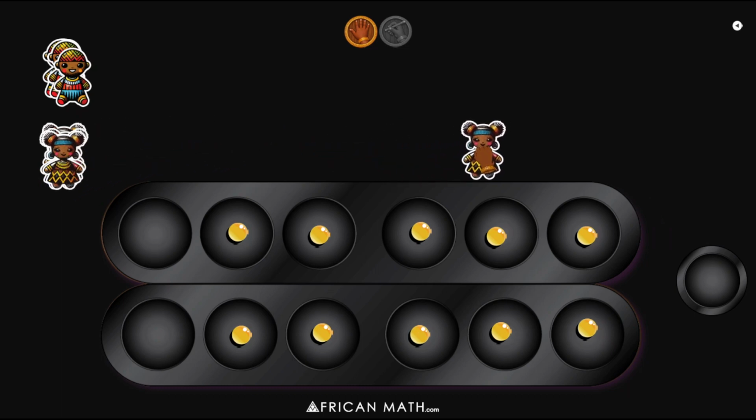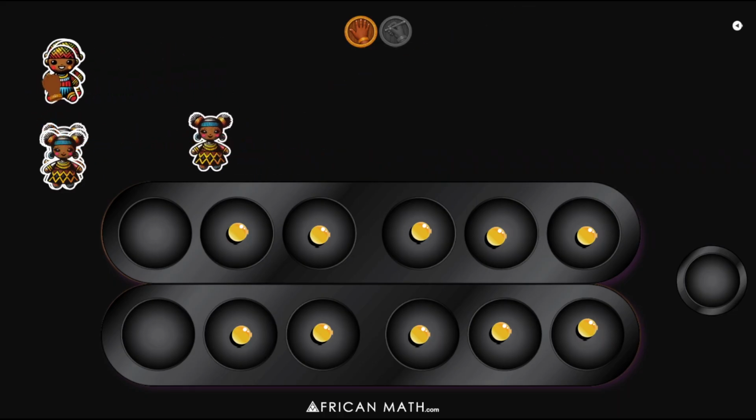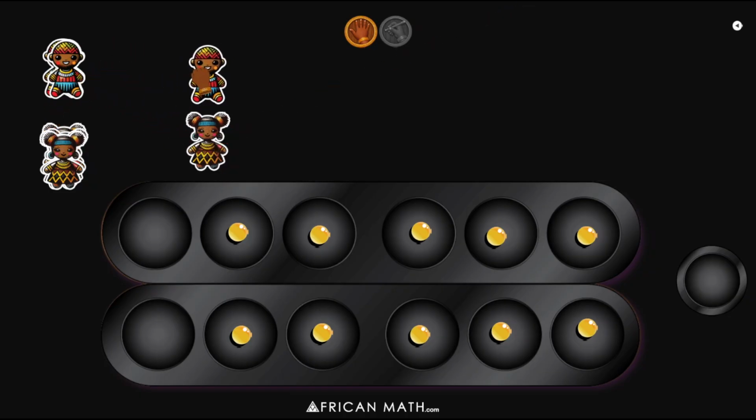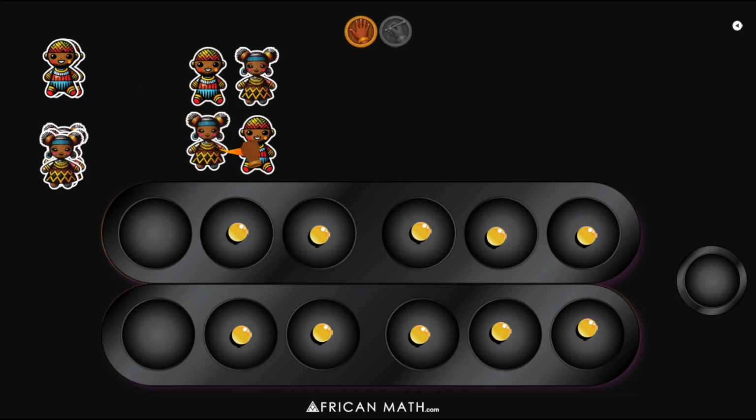We have 1. And right now she's the odd one out. But she needs a friend pair. So we're going to give her a friend, and now they're even. 2. We have 3. She's the odd one out. Now we need to give her a friend. That's 4, which is now even. We have 5.